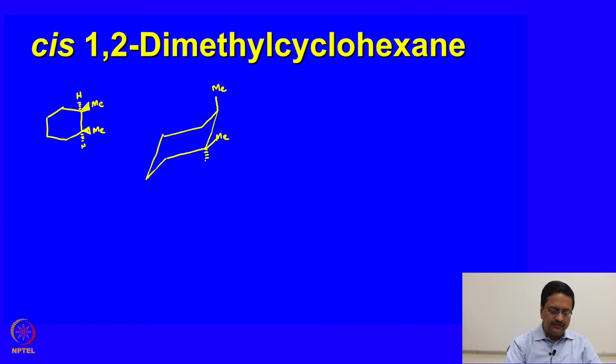And here the hydrogen is down, and there the hydrogen is down. So this is the conformation of cis-1,2-dimethyl cyclohexane. Here this methyl group is axial and this one is equatorial.